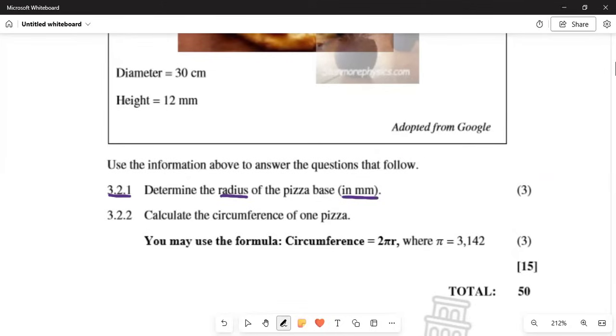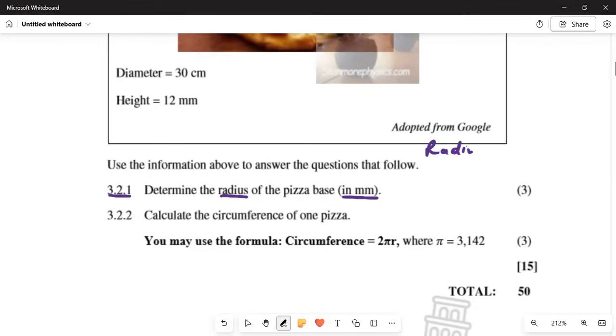The base, radius in millimeter. So we are saying the radius, here, we must understand it very well.